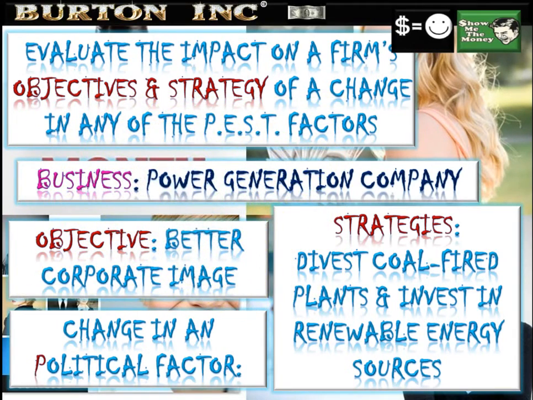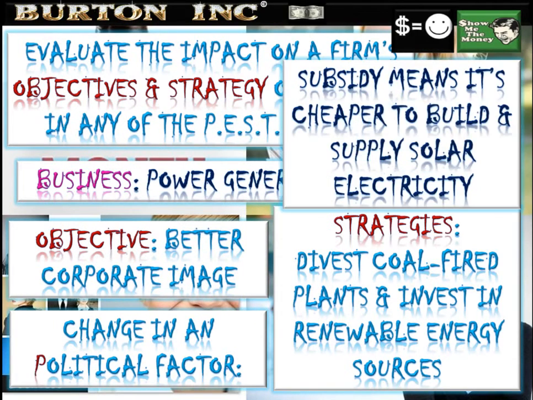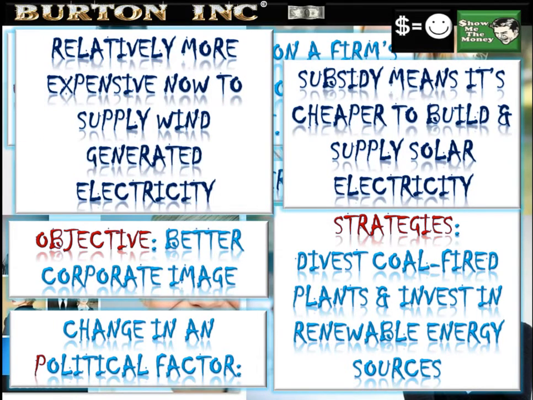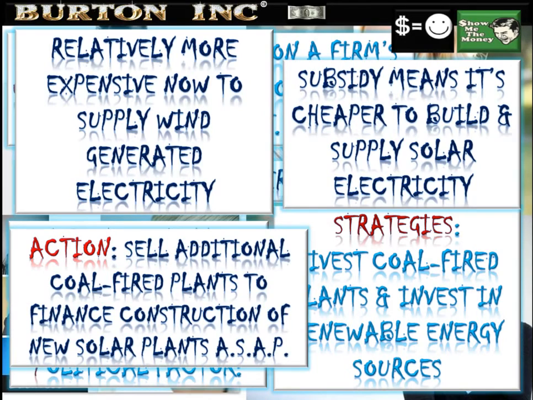How is this going to impact on our firm's objectives and strategy? The subsidy means it's going to be cheaper to build and supply solar electricity, and relatively more expensive now to supply wind generated electricity. What are we going to do? We're going to sell additional coal-fired plants to finance the construction of new solar plants as soon as possible to take advantage of these government subsidies.